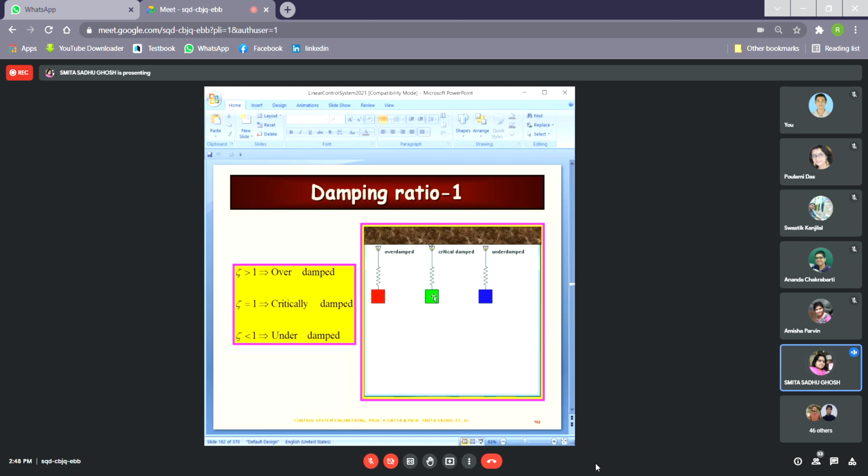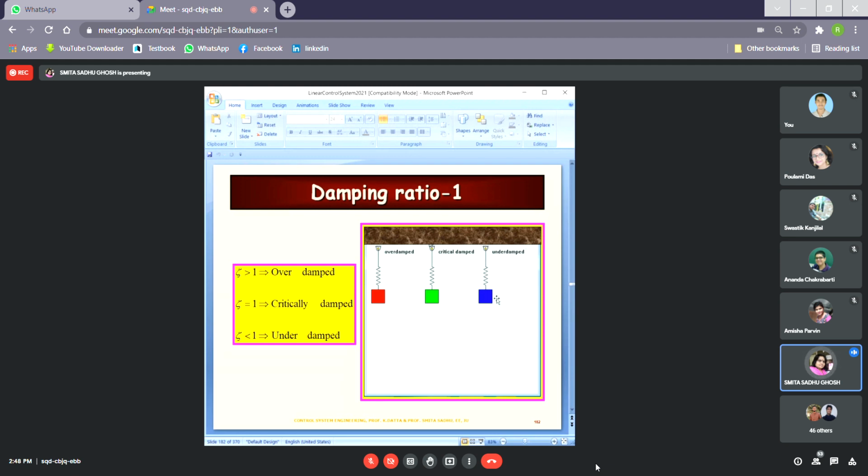In the underdamped case, if I pull it down and then leave it, the mass will oscillate up and down, and the oscillations will gradually be damped out, meaning the amplitude will gradually decrease until it reaches its steady state value.